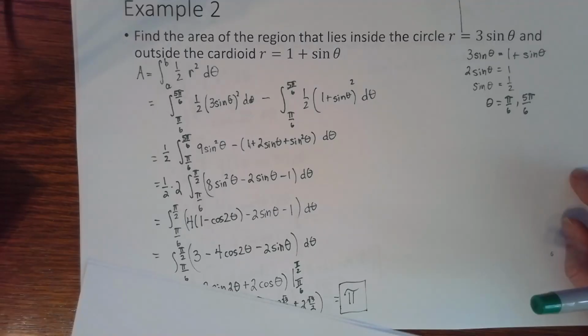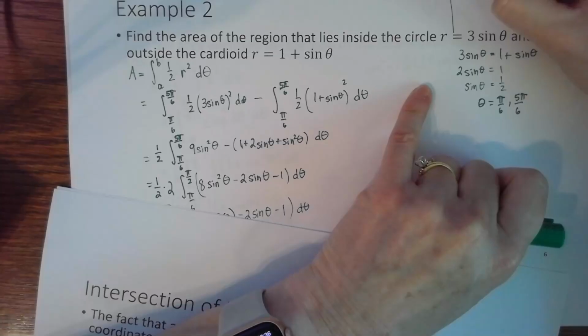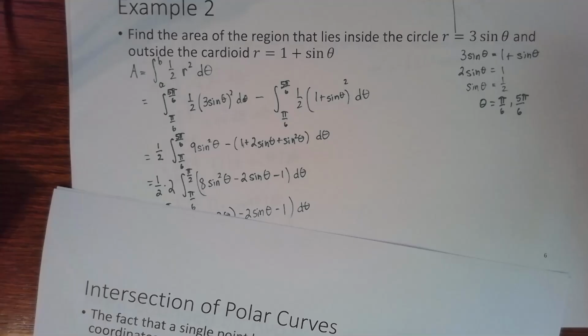Okay, so when we solved the equations, we found this point here, pi over 6, so 1/2 at pi over 6, and this point over here, which is 1/2 at 5 pi over 6.